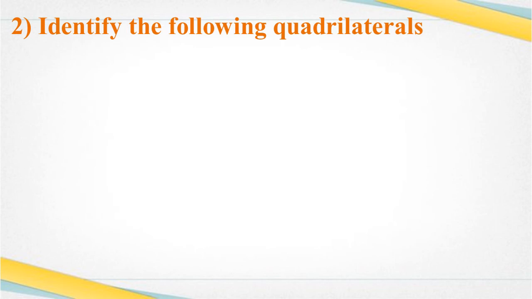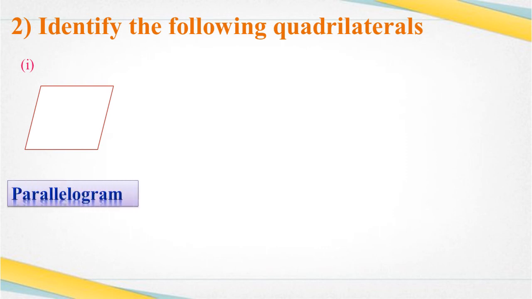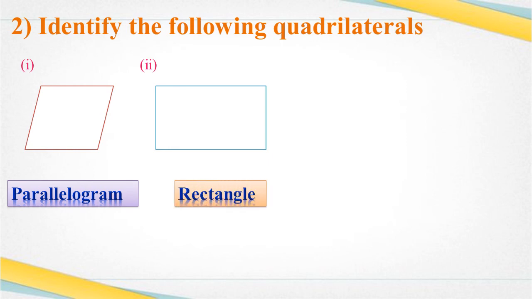Identify the following quadrilaterals. First one, look at this picture. Here we have two pairs of parallel lines, isn't it? Then it is called a parallelogram. Then second one, look at this one. There are two pairs of parallel lines and we have four right angles. That means a rectangle.